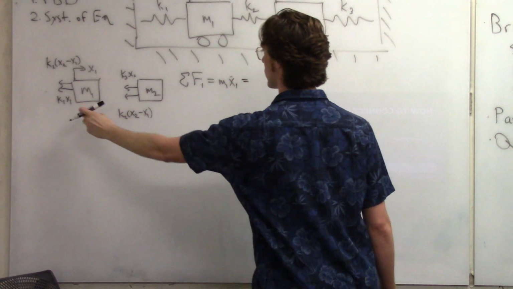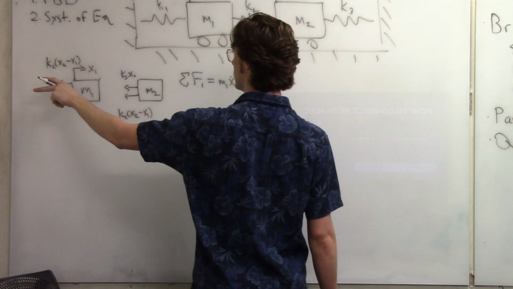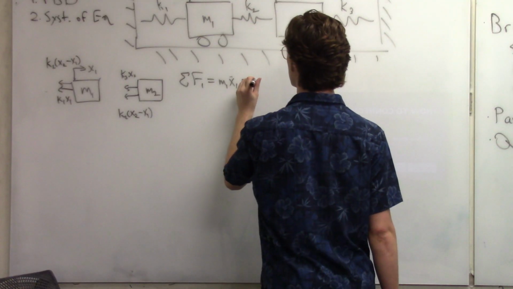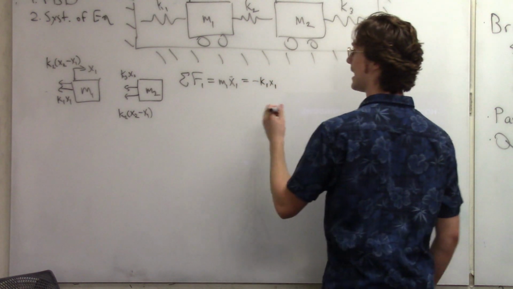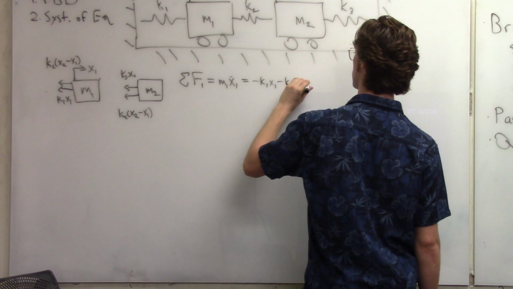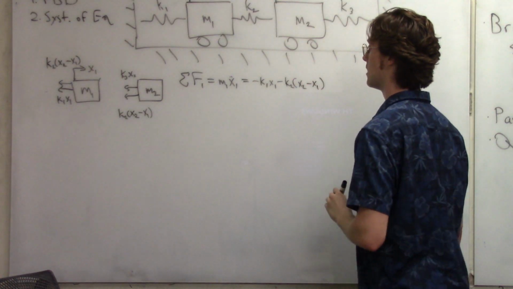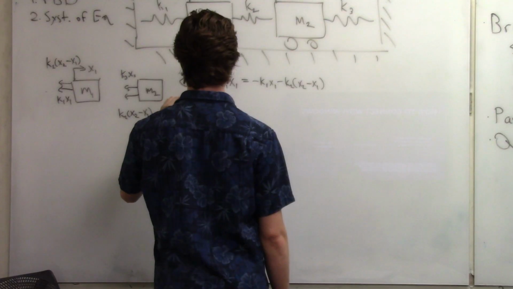In this case, we just write all the forces we have right here. Notice that these are going to the left, so they're both negative. So I'm going to write negative k1 x1 minus k2 times parentheses x2 minus x1. All right, there's our first equation.